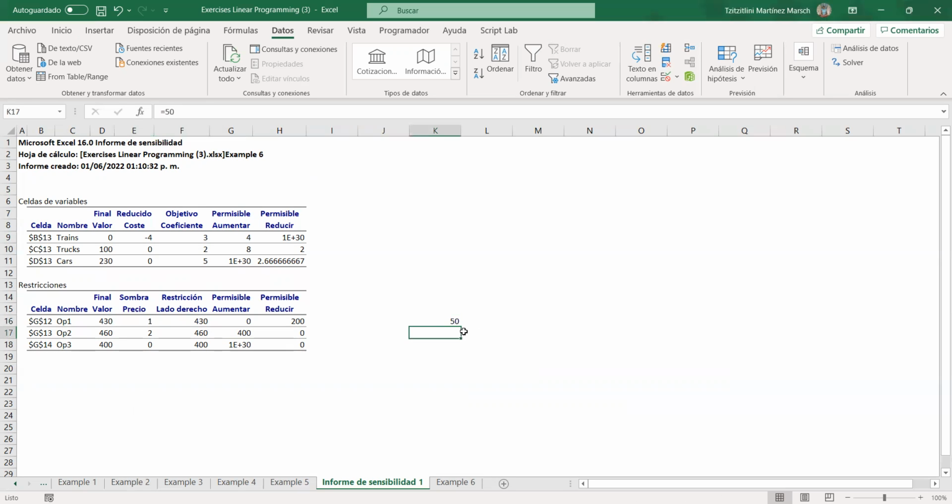So if we have $50 for every hour, that means we are paying 0.83 cents per minute. And then we have 1 minute, which is our shadow price, minus this amount. That means for each minute that we are additionally using of overtime, we have 0.16 cents profit.